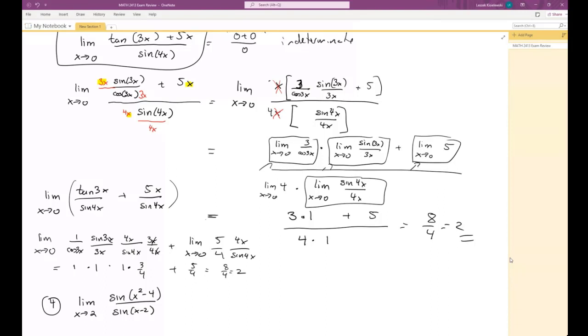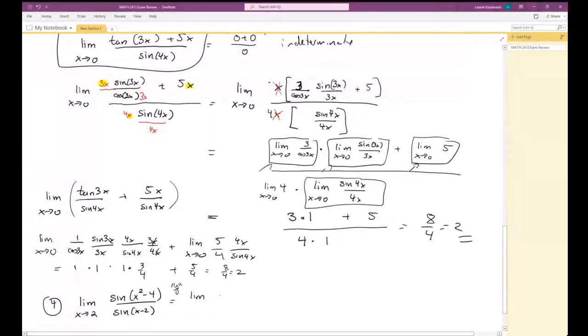All right, so what do we do? Yeah, we can factor out. We noticed that, and by the way, we get 0 over 0 if you evaluate directly.